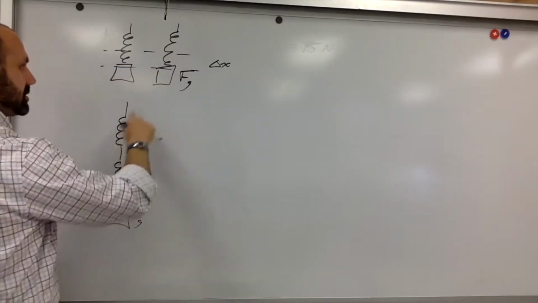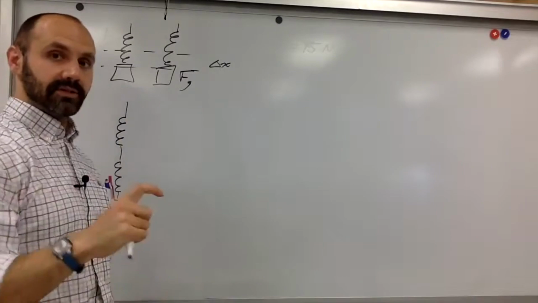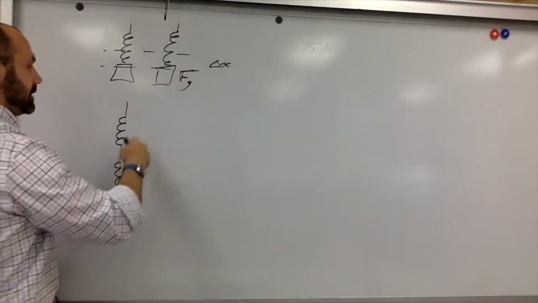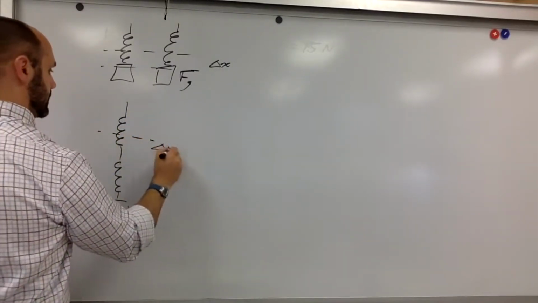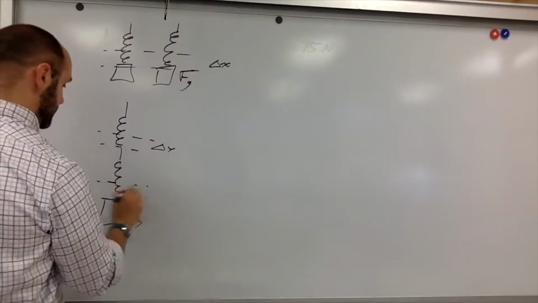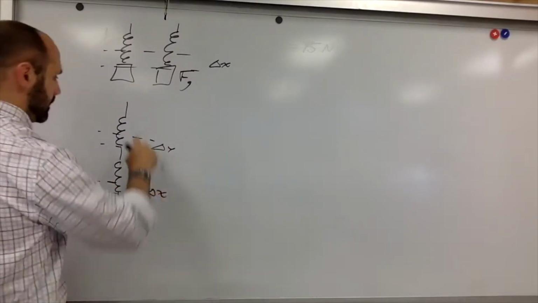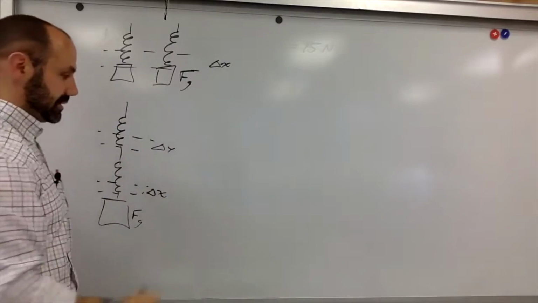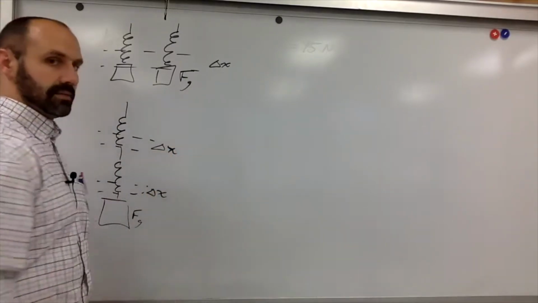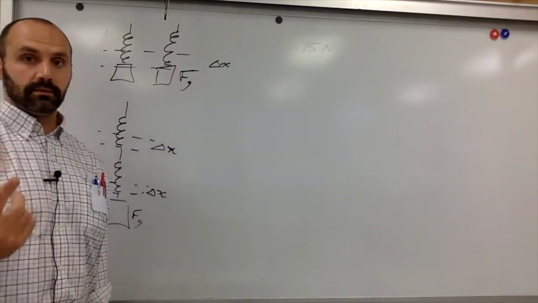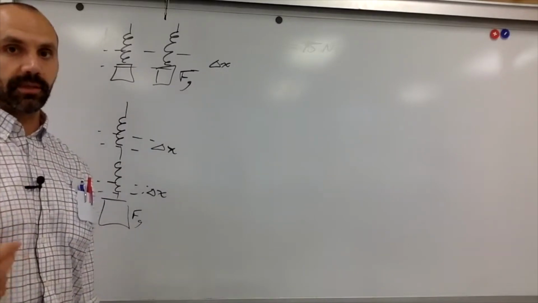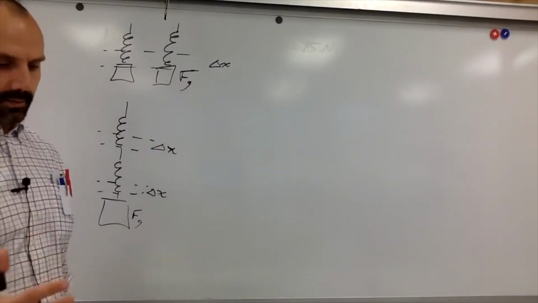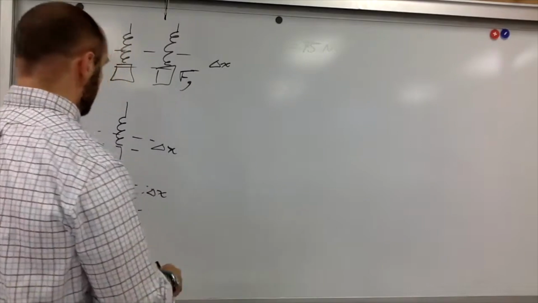So that means they're both experiencing that same force now. The tension is the same in both of these, and that means I'm getting delta x plus another delta x down here. By putting the springs like this in series, I'm actually making one now weaker spring. So I'm going to get a smaller spring constant. But let's see how we can do that.